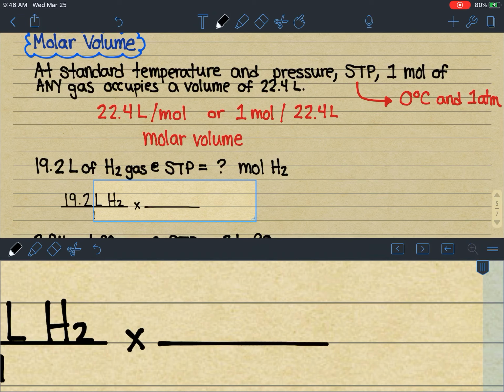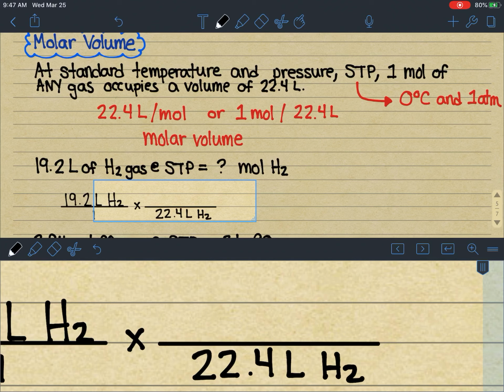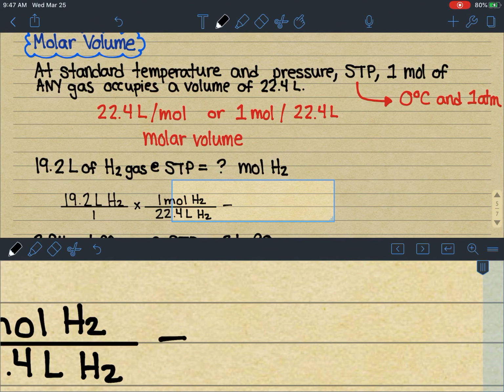Just like anything, I'm just setting that starting value up over 1, and then I'm going to use the conversion factor that 22.4 liters of hydrogen gas, there will be 1 mole. And then if I do some really quick math on that, 19.2 divided by 22.4, I get 0.857 moles of gas.